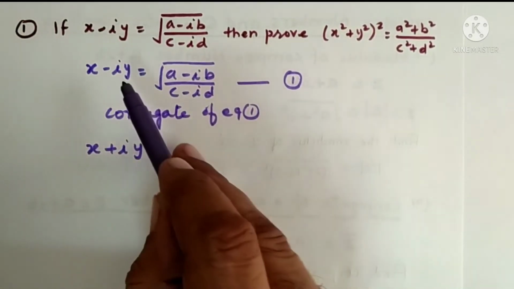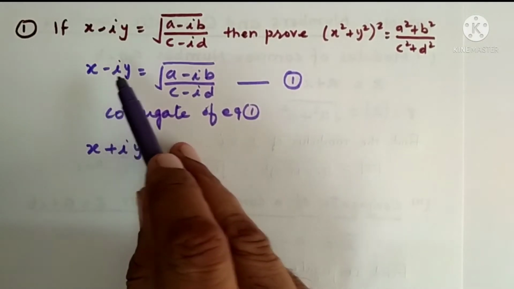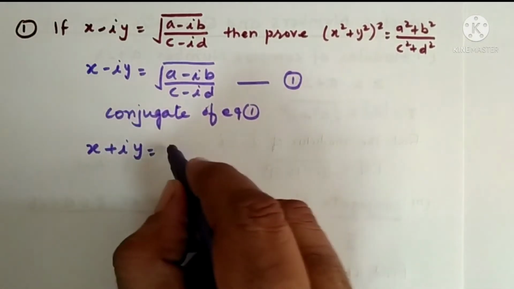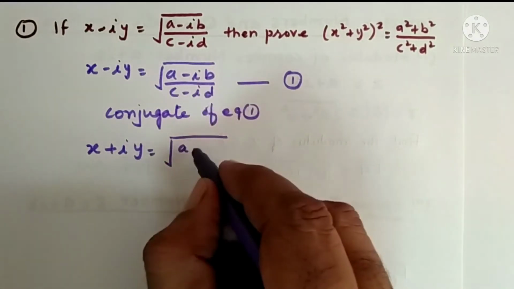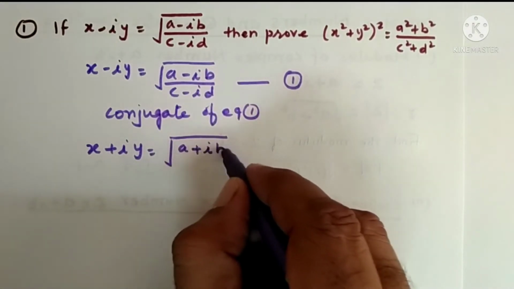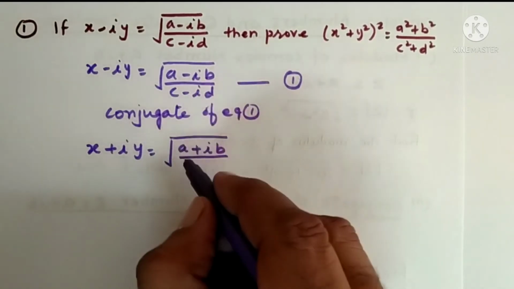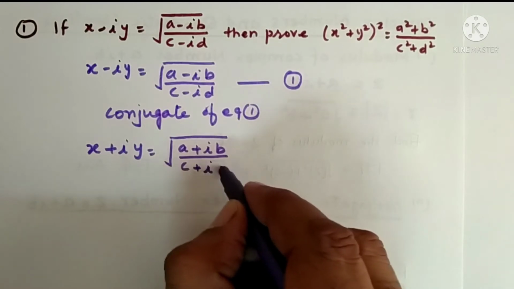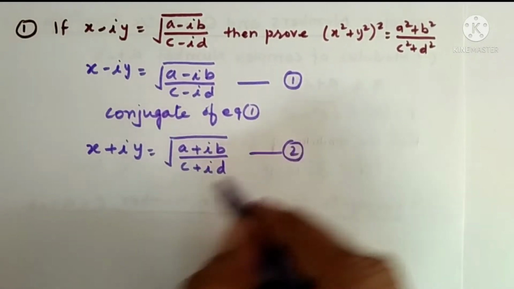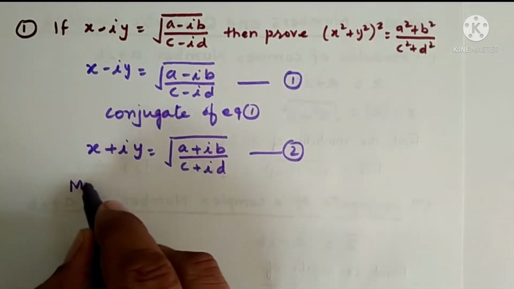Wherever you have the iota, there you write minus iota, and wherever minus iota, then plus iota. So here also you do the same work. A, here minus iota means we can write plus iota b upon, here also you can use c minus will be plus iota d. This is equation 2, and now we will multiply 1 and 2.